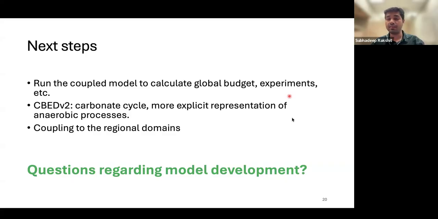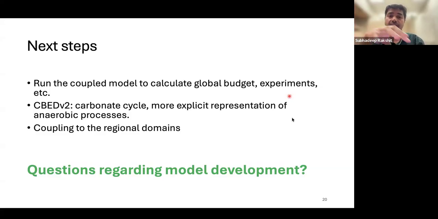Having said that, there is an indirect way to do the silica and the phosphate cycle, because right now the COBALT model basically uses a Martin-type function from John Dunne's empirical relation to bury some of the phosphate or silica into the sediment, and remineralize the rest, and efflux it back to the water column.